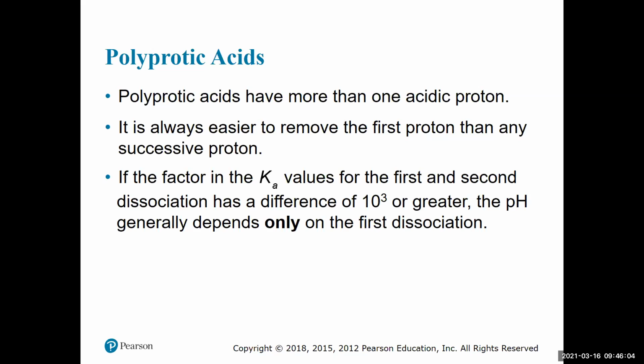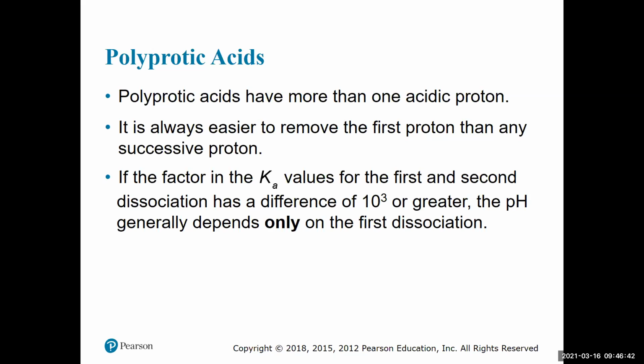And then there's usually a gap between the next ones. That's where you'll see, for compounds that have multiple protons that can be donated, there'll be multiple acid dissociation values. And that's reflective of how hard it is to get those next protons to donate. In general, as a rule of thumb, if the difference between the Ka values is 10 to the third or greater, then really the only one that usually matters is the first one, okay?